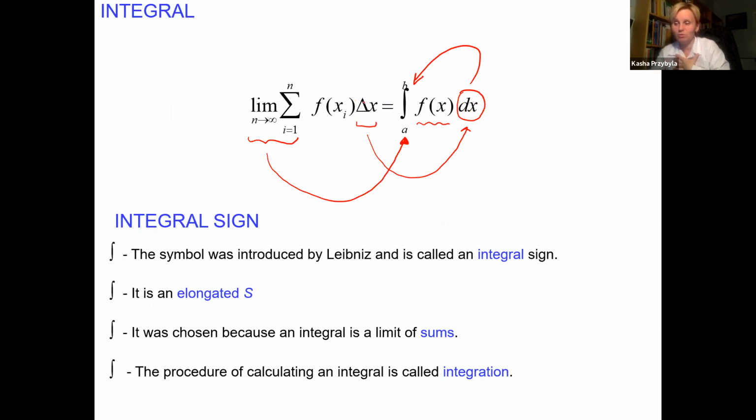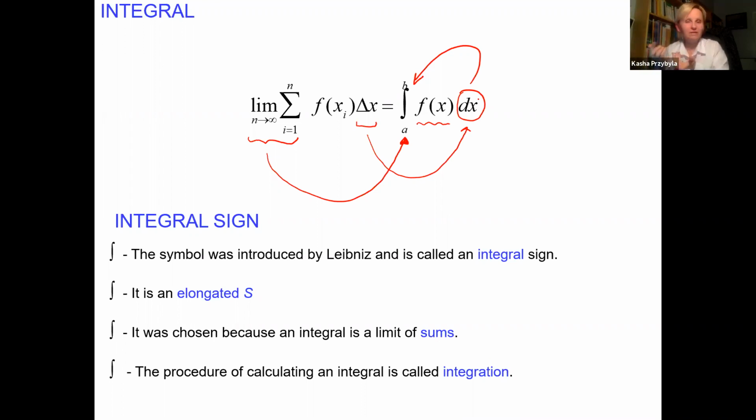I was multiplying the delta x before. The limits from a to b tell me that I'm integrating, and the whole integration process takes care of this dx. It's just the indication that we are integrating with respect to x. Instead of dx, we may later have dy. But we always have to indicate the integral of the function f of x dx, which means with respect to x.